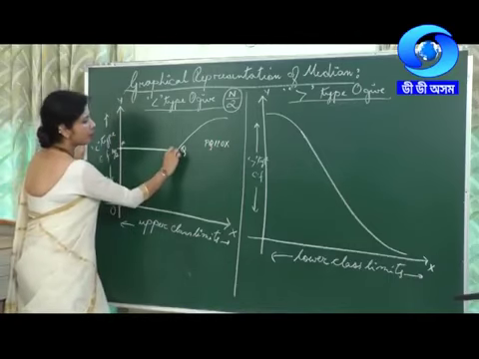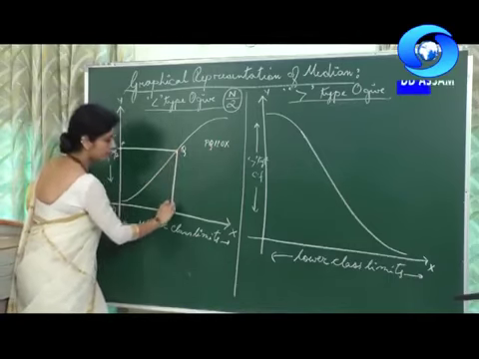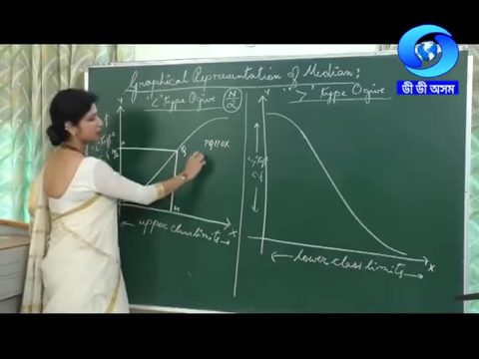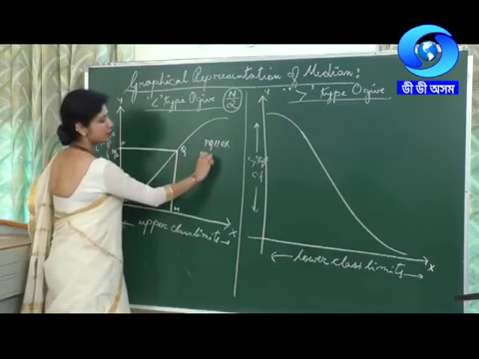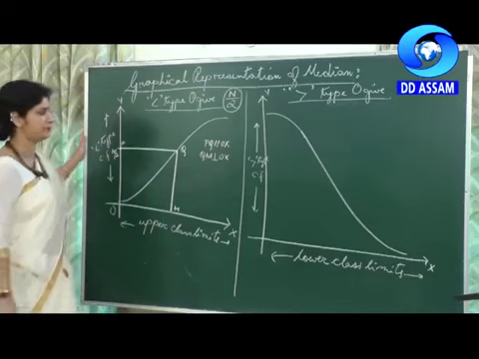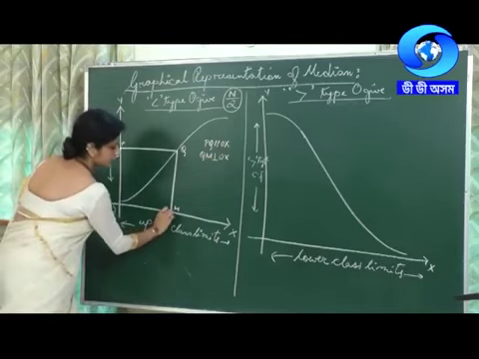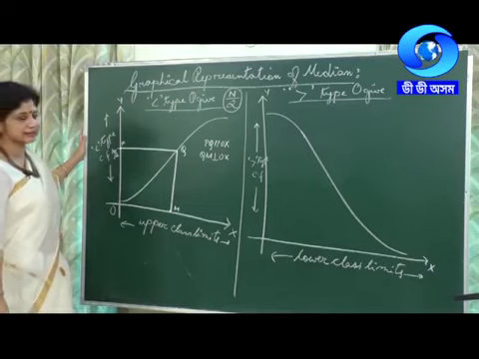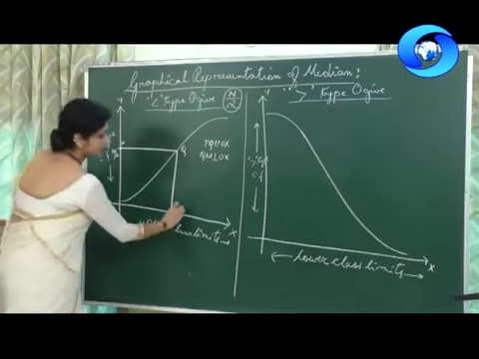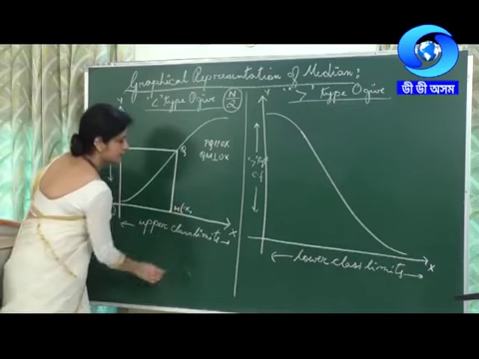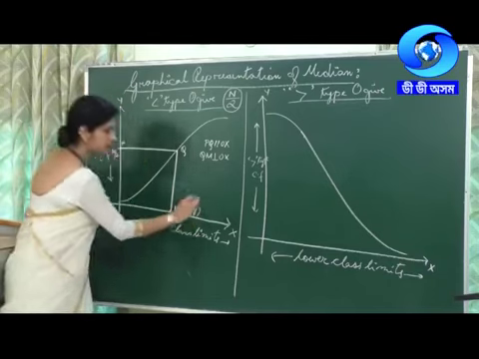Alright, from the point Q, we drop a perpendicular, that is QM perpendicular to OX is drawn, such that the point M lies on the x-axis. Then this point M will have an x coordinate as well as a y coordinate.